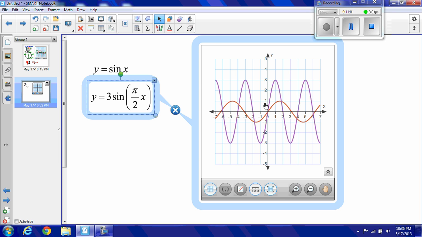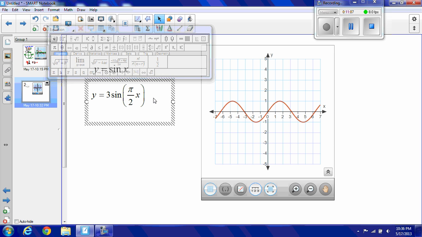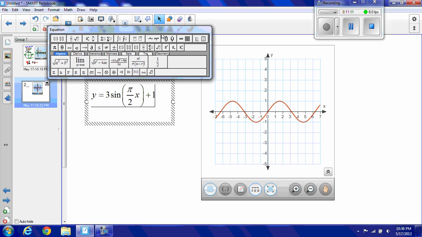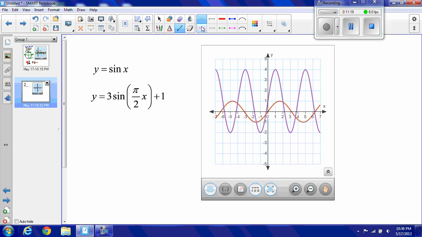Now, when I take this graph and add 1 to it, plus 1, we'll see the graph. See, it just shifted up. My new center line is right here.